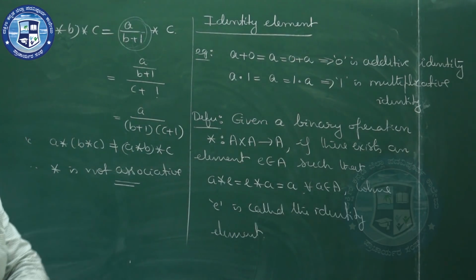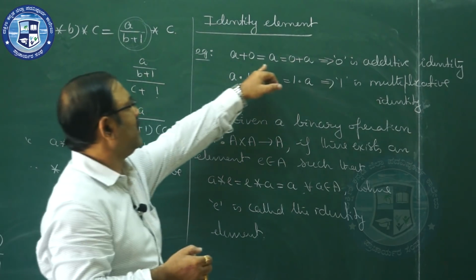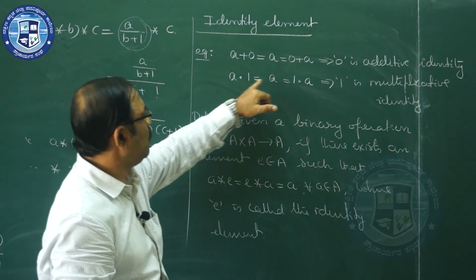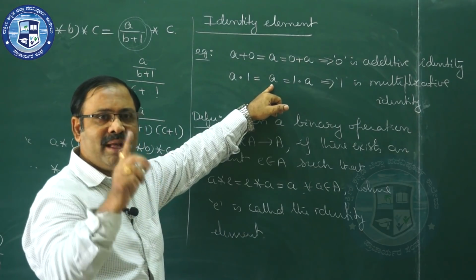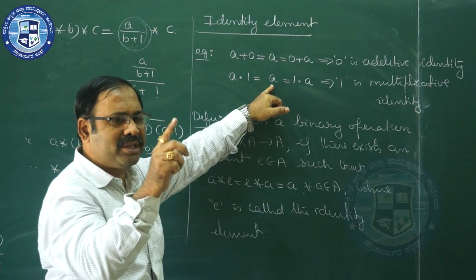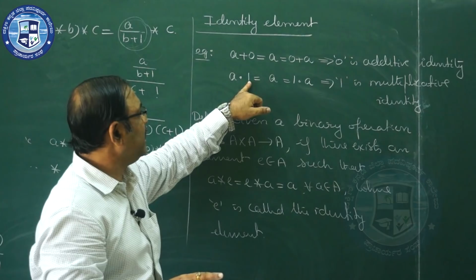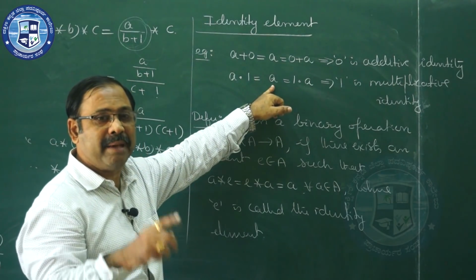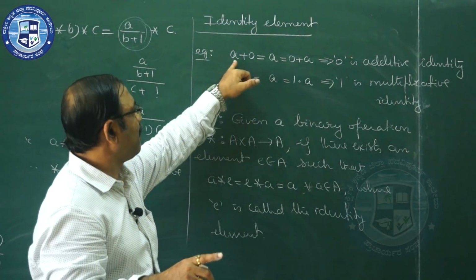See, A plus 0 is what? A. A into 1 is how much? A. Therefore, when you associate any element with the identity element, you have to get the same element, isn't it?